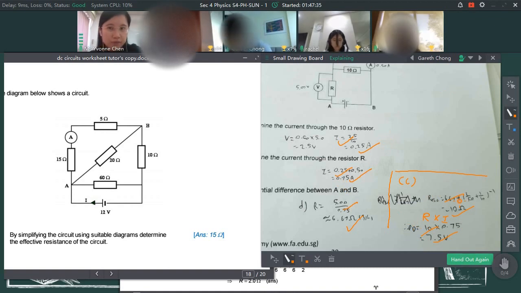Okay, class, have you seen Gareth's work? Can I remove it so I can give you the board for the next question? The next question is very important for you to show how you simplify.